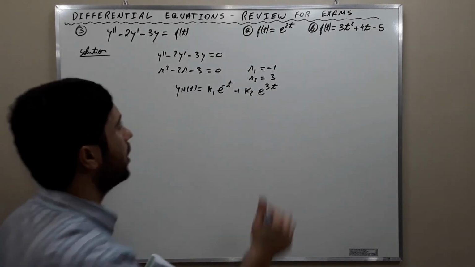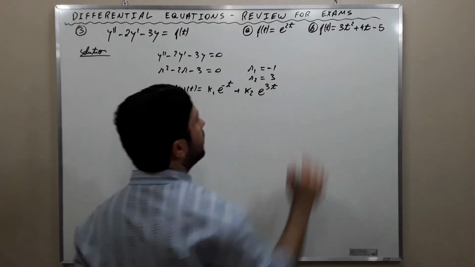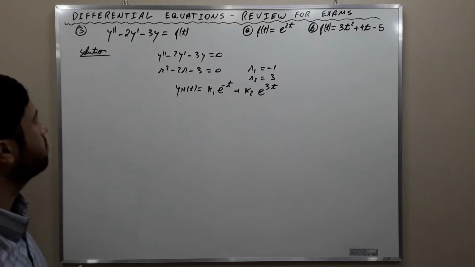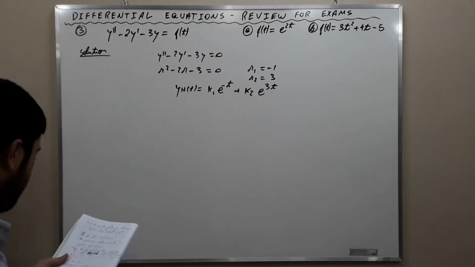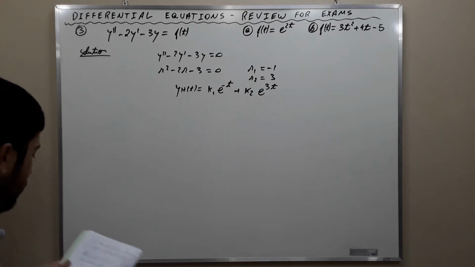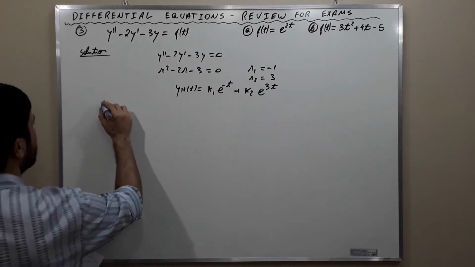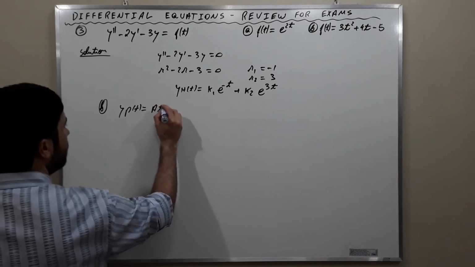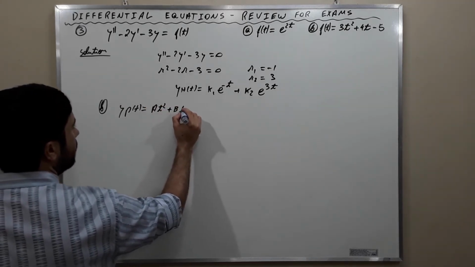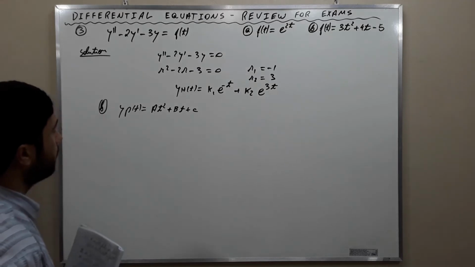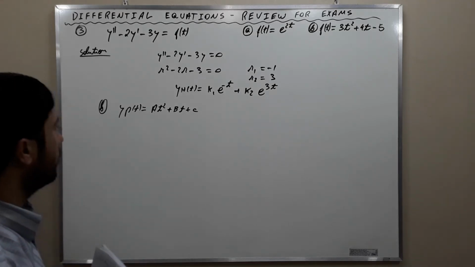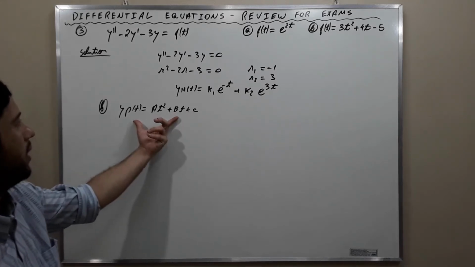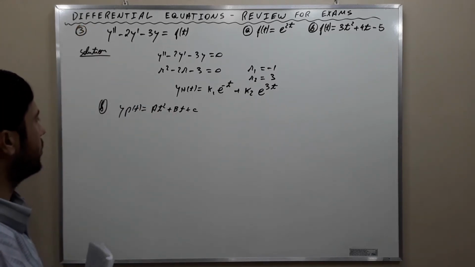And we have to use a term that represents the forcing term, okay? And we are going to use the following particular solution. It is going to be of the sort for letter B, yp of t is equal to a t squared plus b t plus c, okay? What we need to do to find these constants a, b, and c is to apply this here, okay?